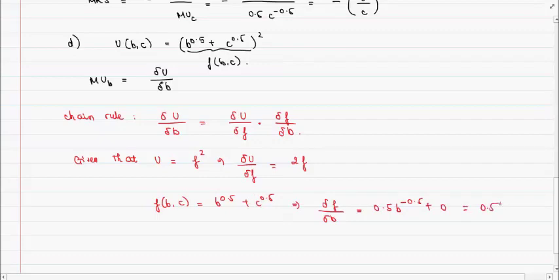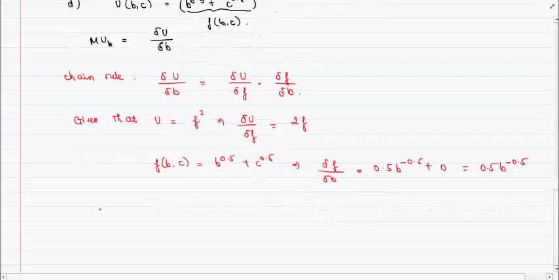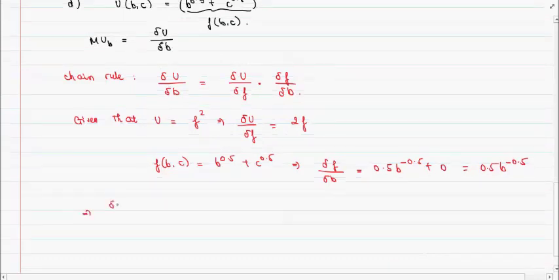So that gives you 0.5 b to the power negative 0.5. If you're applying the chain rule over here, then you get the change in u given the change in b is equal to the change in u given the change in f, which is 2f, times the change in f on change in b, which is 0.5 b^-0.5.